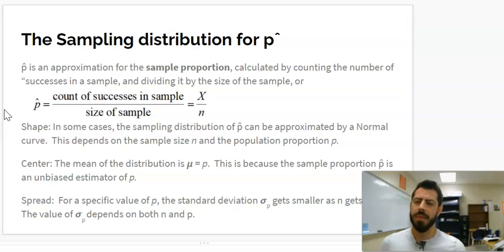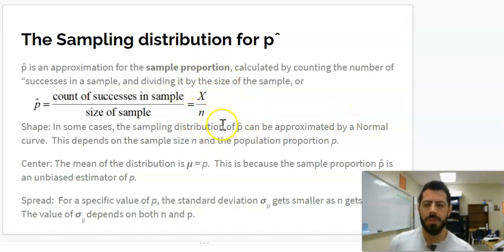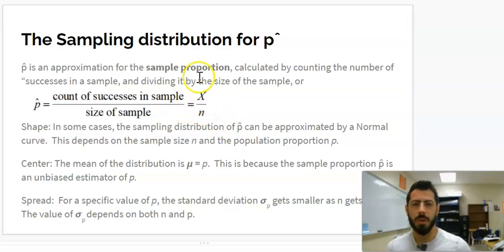Well, first of all, it means that our sample proportion is an approximation, and it's calculated by taking the number of things in your sample that fit the criteria you're looking for and dividing it by your sample size. In some cases, a sampling distribution can be approximated by a normal curve.